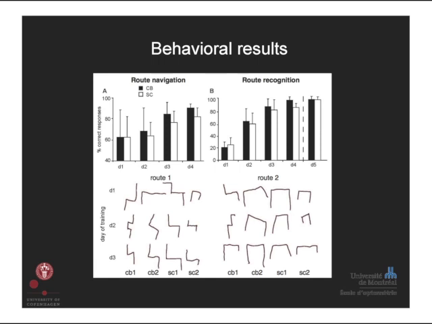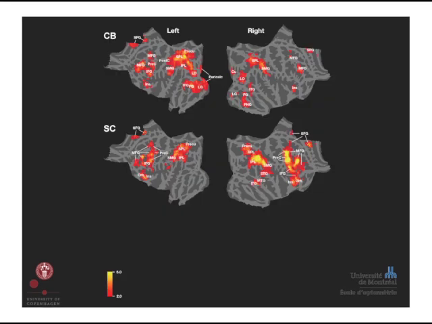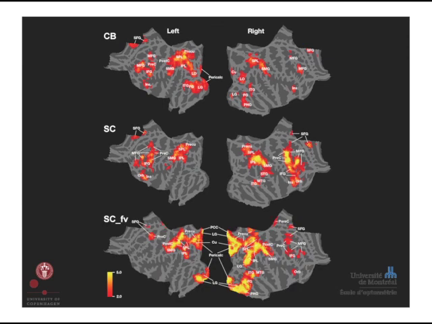Then we had the recognition task where they had to tell if the routes were the same or different. And we see also here that they do very well in terms of recognition. Then they were put in the scanner. In the scanner, the task was passive, whereas when they were learning, they were doing it themselves. Now, in the scanner, they were presented the routes on the tongue, and they had to click on the same or different, a different type of task.